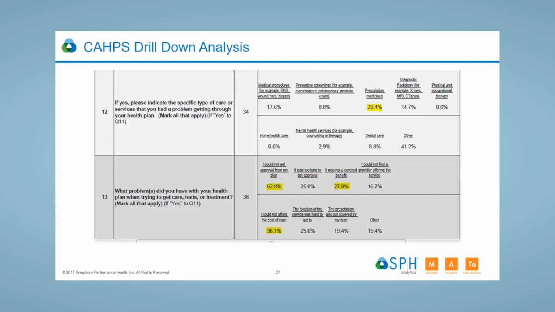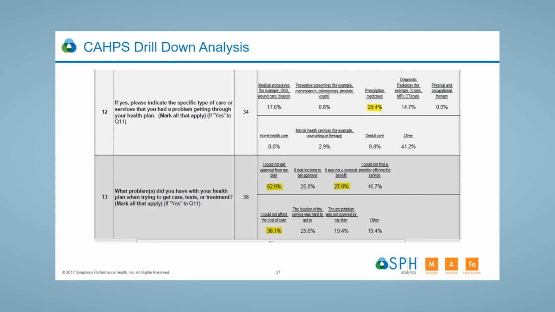So there are multiple issues there identified, and they're somewhat intuitive. For the most part, they were looking for access to care for providers outside the network, services that were not covered, or they simply couldn't afford the care, which at 36% was a little eye-opening in that there's quite a few seniors out there that are avoiding care because they can't afford the care.